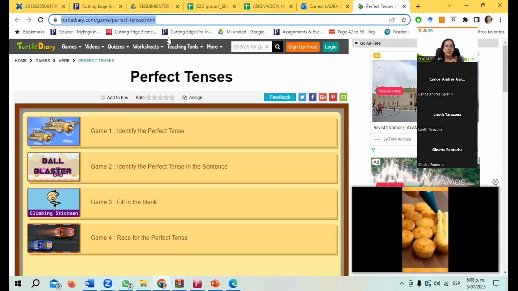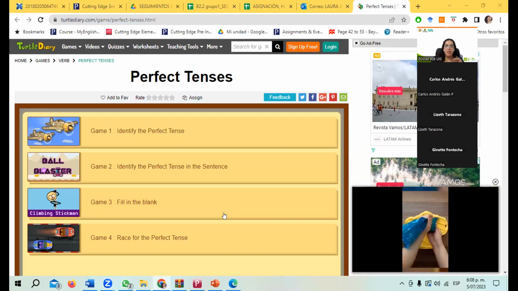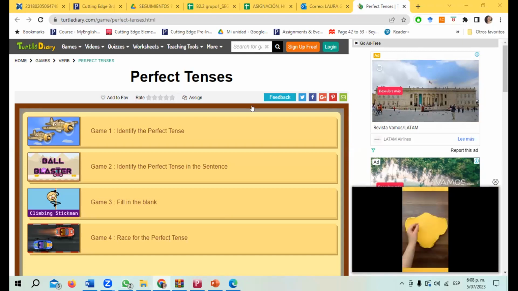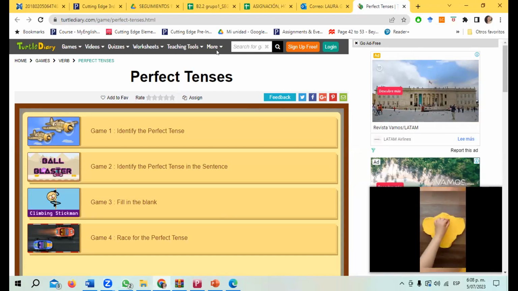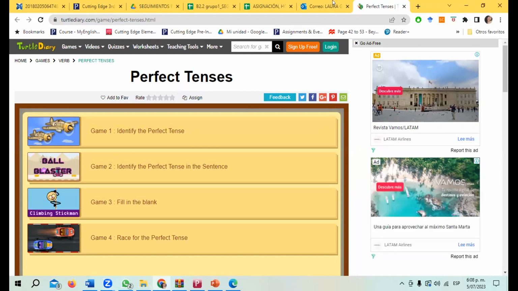It's a website that requires some ads, so if you have the ad blocker, you need to allow them so you can enter the activity, okay? We're going to practice with the second game. It's called Ball Blaster. You have to pop some bubbles or balls. The second game is to identify the perfect tense in the sentence.